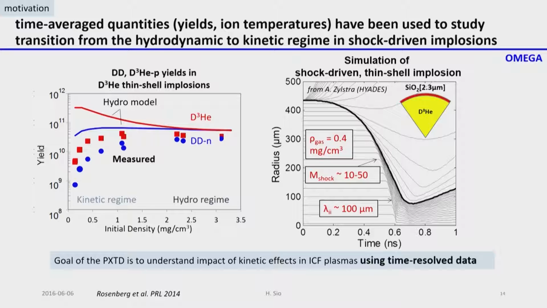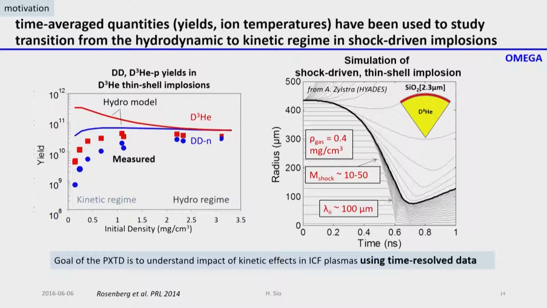And on the opposite side, when you have very low initial gas fill, so that your ion-ion mean free path is very long, you see an enormous disagreement between the measured yields and the predicted yields. What we call the yield over clean, or just the experiments over the 1D yields, is about 3% in this very low case.